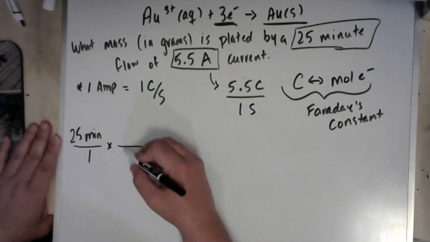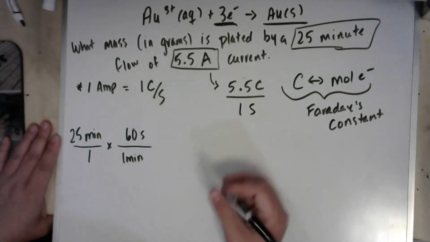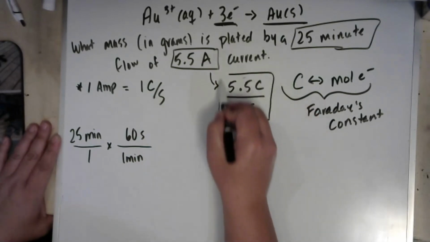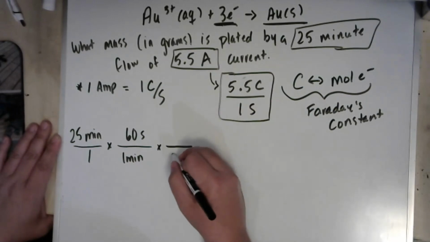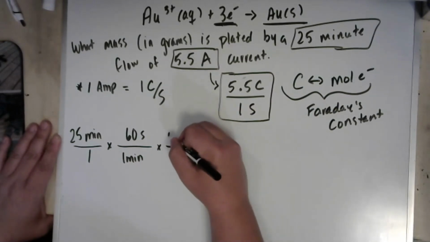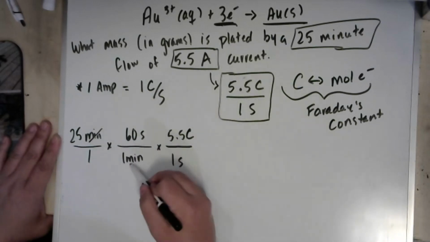So I know that in 1 minute there are 60 seconds. Okay, and I know that based on the amperage value that I was given, in every 1 second, that's going to be 5.5 coulombs. Right?